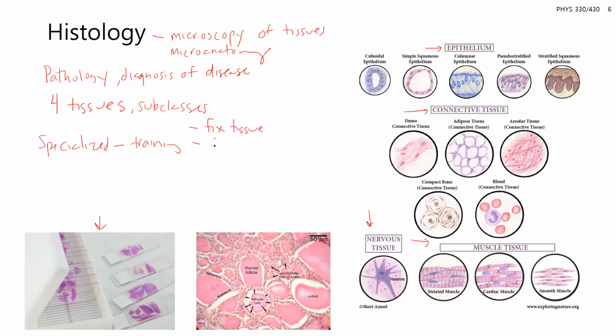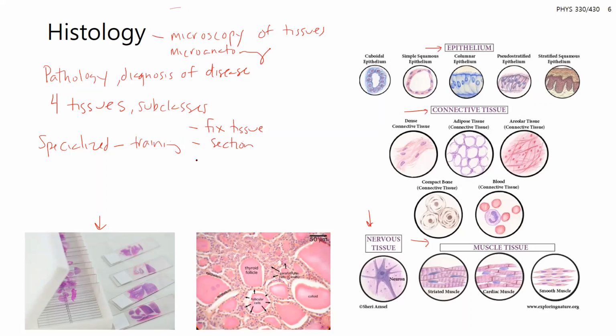Next thing you have to do is section that. And you can imagine if you fix, let's say, the mouse brain that Sean showed us, and then you have to section it and slice it, that has to be done very carefully so you're not exerting a bunch of force, disrupting that tissue, introducing artifacts. So that's quite specialized as well.